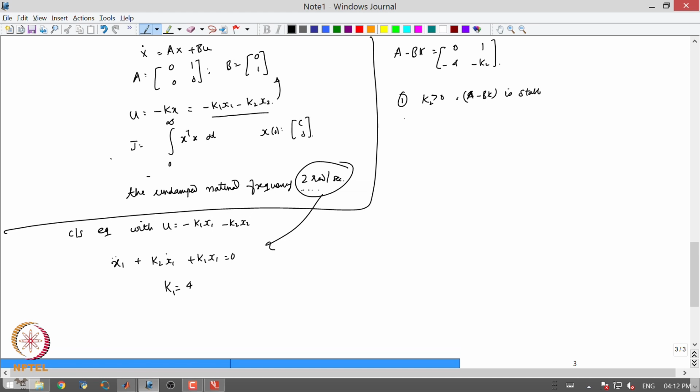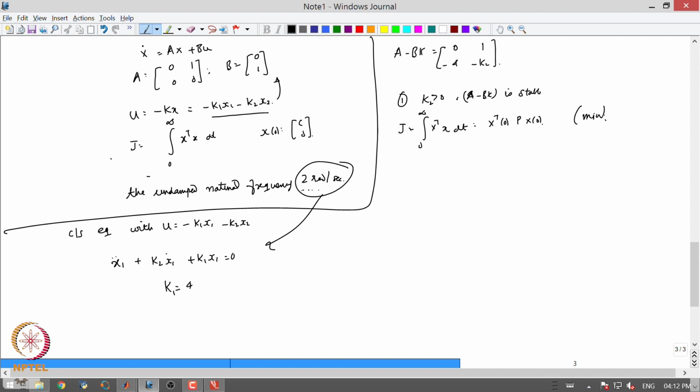Okay. Now, again I will do the same exercise of computing the optimal control law. The integral of x transpose x dt is x transpose 0 P x 0, so I have to find when this cost function is minimized.